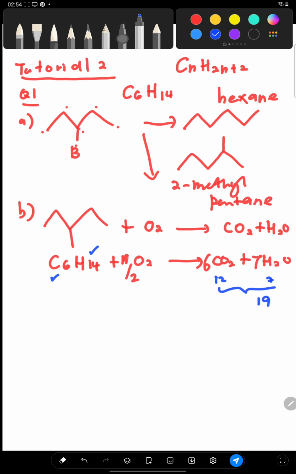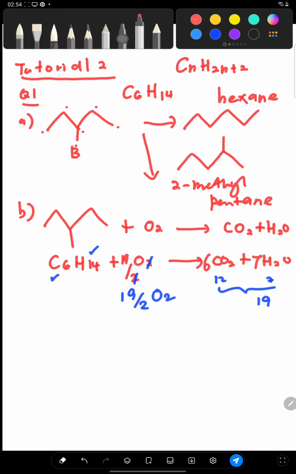So here is 19 over 2 times oxygen. Basically you can put it like this; if you cancel, you still get 19. You can put 19 over 2 O2 like this.